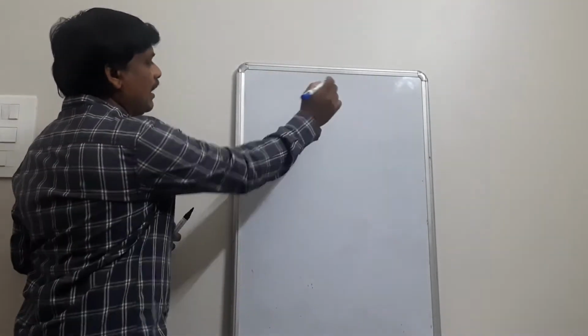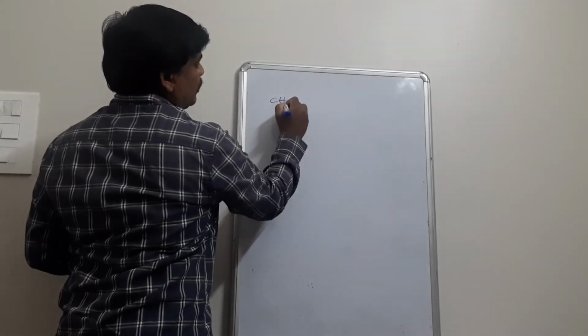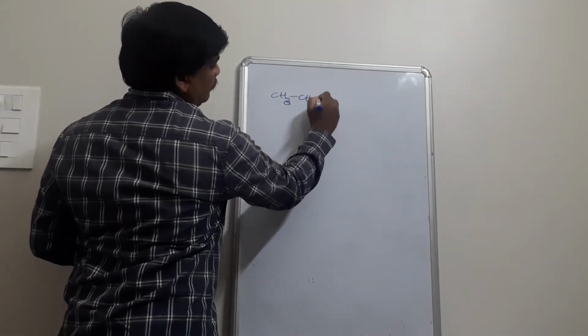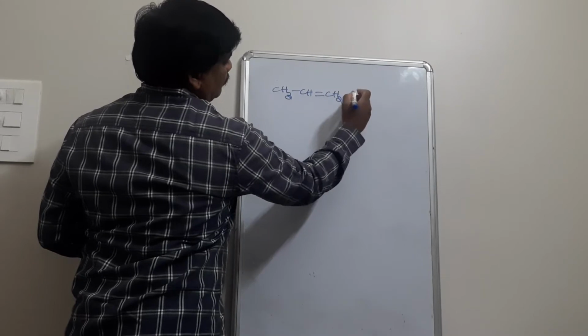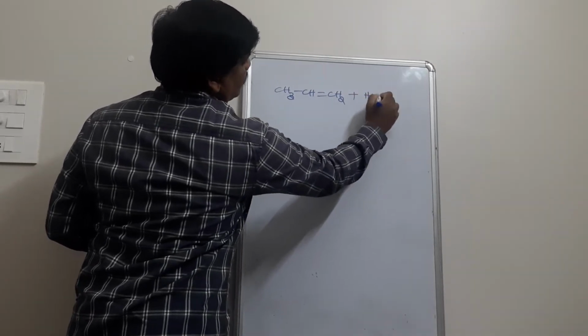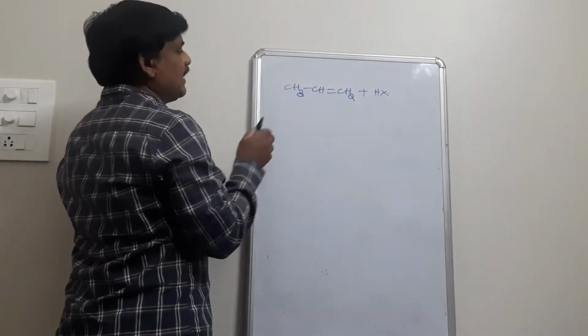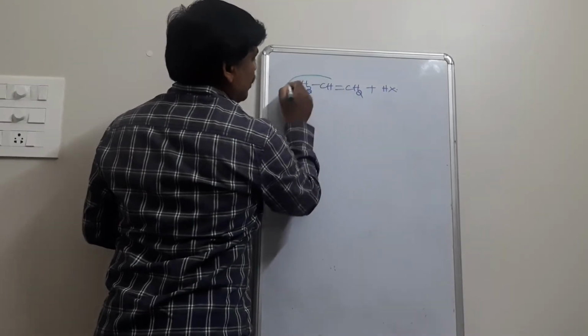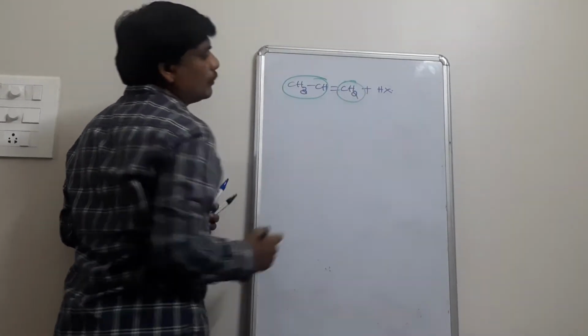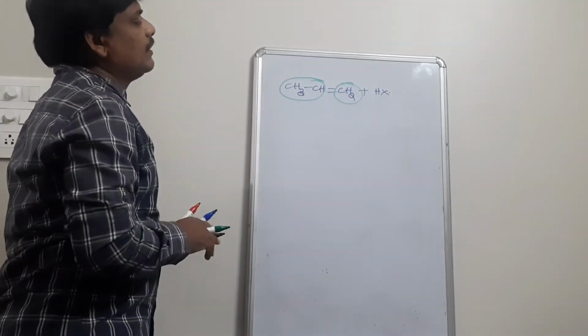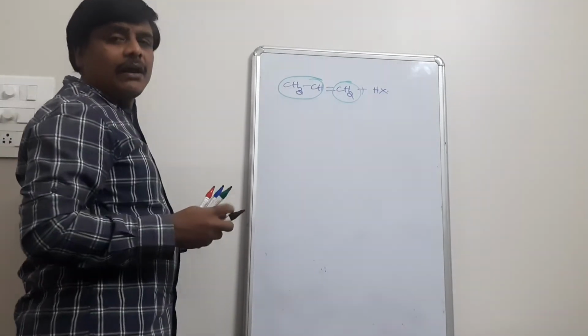Now about the unsymmetrical alkenes. See here, plus HX. On either side of the double bond, this is one group and this is another. Both groups are different, so they are unsymmetrical alkenes.